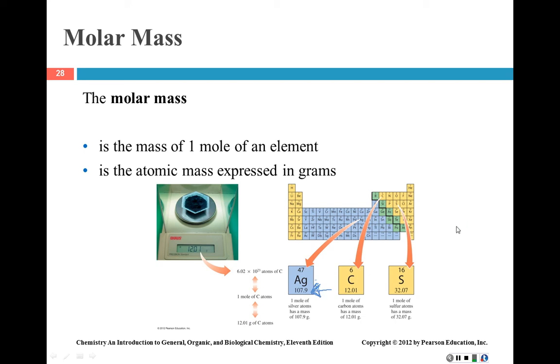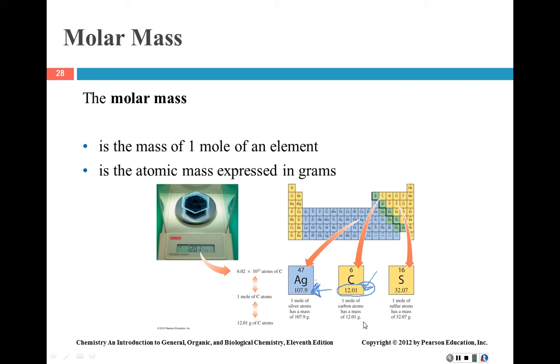We can use this same number, which is in AMU for an atomic mass, and say that 1 mole of those atoms has a mass of 12.01 grams.